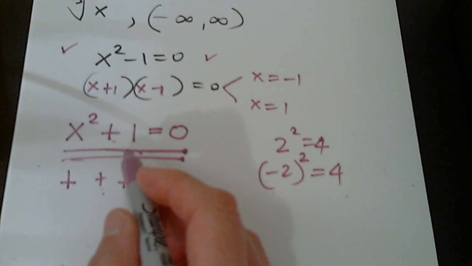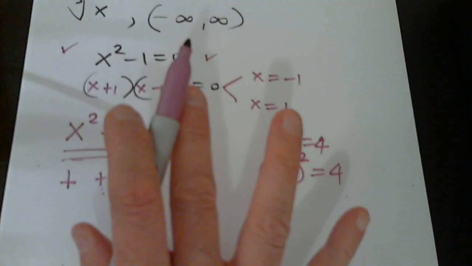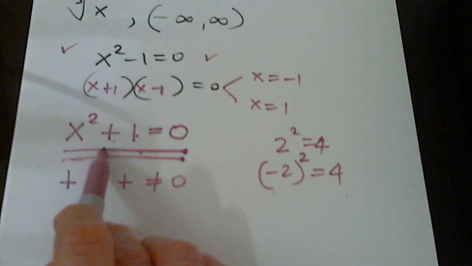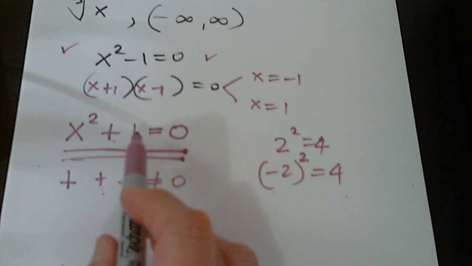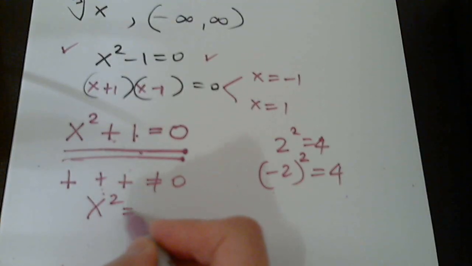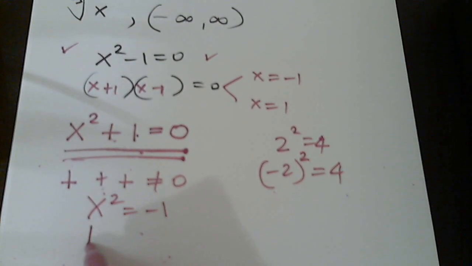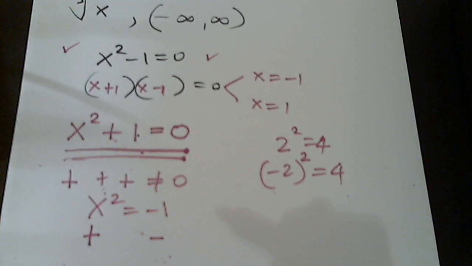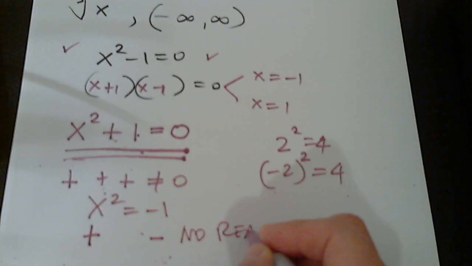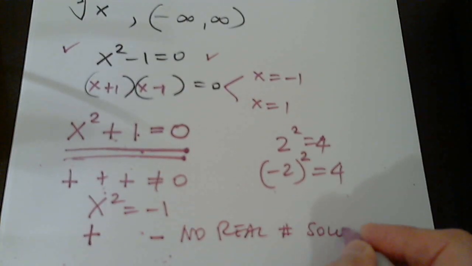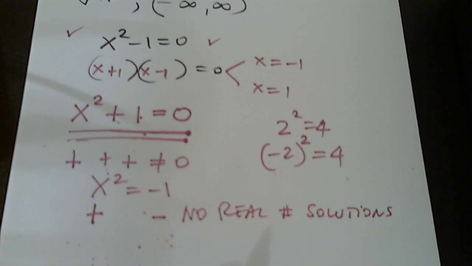What they did, and we're going to talk about this principle very soon, is that because they couldn't factor this, they said we have to find a different way. They moved 1 to the other side, and they said, this is not possible. How can a positive number equal a negative number? So their answer was no real number solutions. But it must be something else.